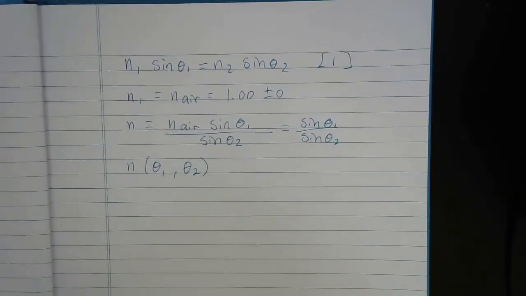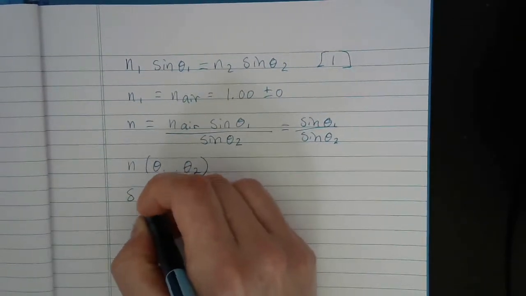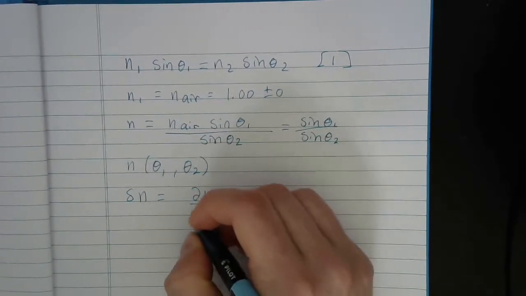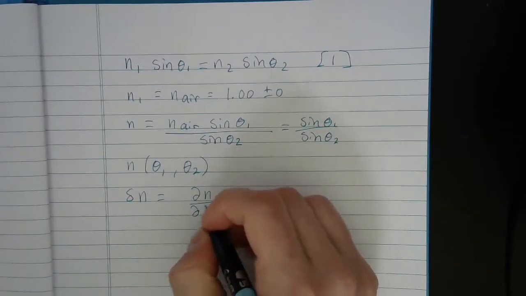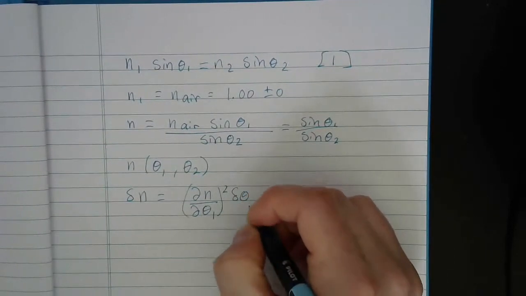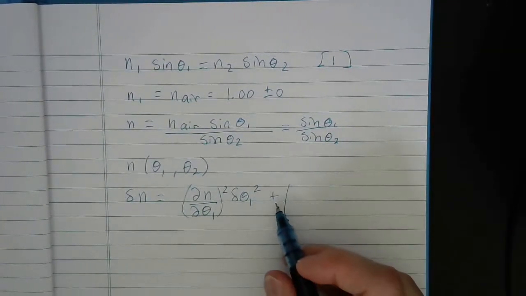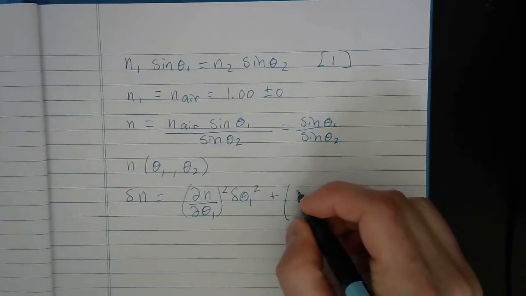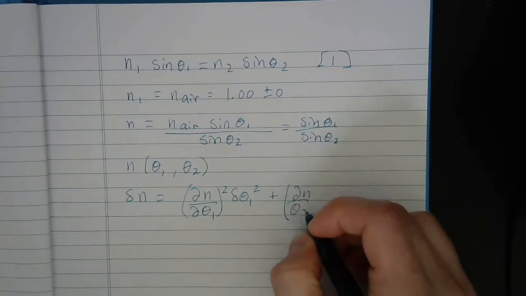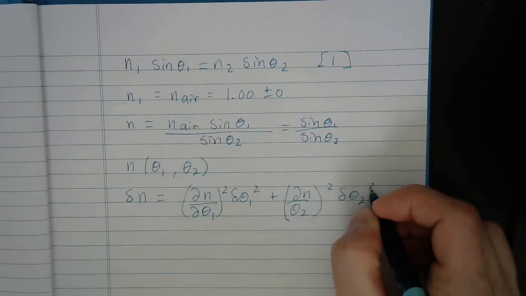So using our calculus form of the uncertainty propagation, that gives us delta n is equal to the partial derivative of n with respect to the first variable, theta 1, squared, times the uncertainty of theta 1 squared, plus the partial derivative of n with respect to the second variable, theta 2, squared, times the uncertainty of theta 2 squared.